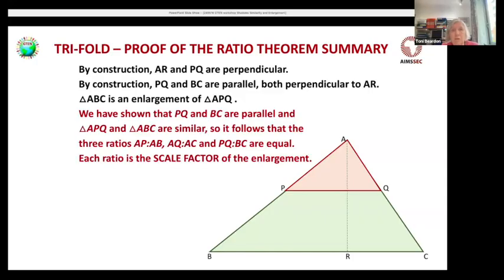And so we've shown that PQ and BC are parallel, and APQ and ABC are similar. So it follows that these three ratios, AP to AB, AQ to AC, and PQ to BC are equal. And because each ratio is the scale factor of the enlargement, that is the ratio theorem.